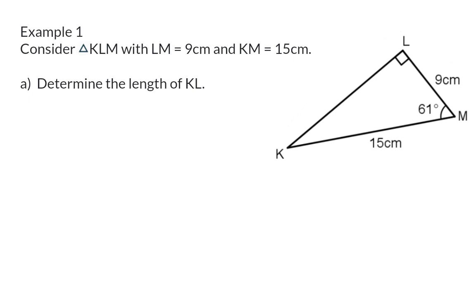Because this is a right-angled triangle, we can use the Theorem of Pythagoras to determine the length of KL. We can say that KL squared is equal to the hypotenuse squared minus the other side squared. And we need to add the reason that we used the Theorem of Pythagoras.